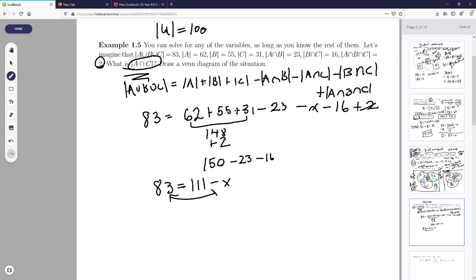We subtract both things off both sides. So we say x is equal to 111 minus 83, which is 28. So therefore we know that A intersection C is 28.